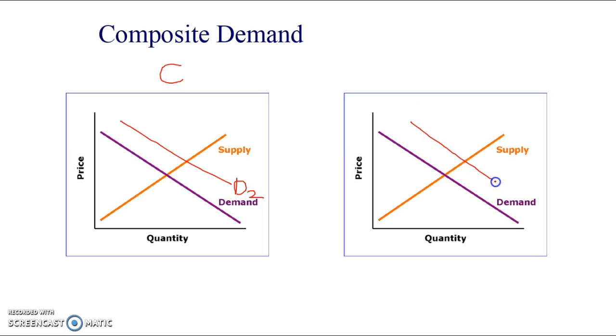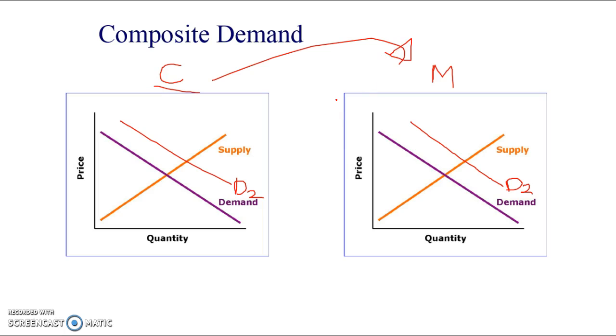This is very similar to derived demand at the moment, the way I've drawn these diagrams. But we're going to see that the whole demand for milk is going to increase because cheese is a component of that demand for milk. It's a part of the demand for it.